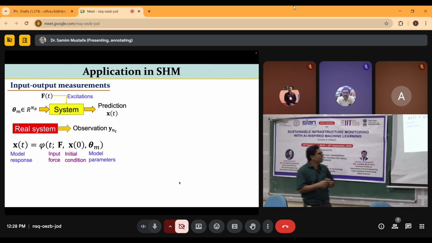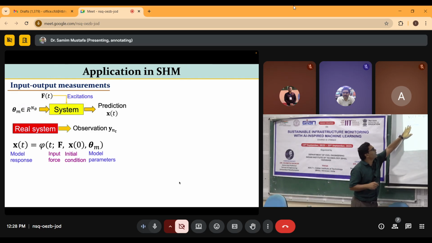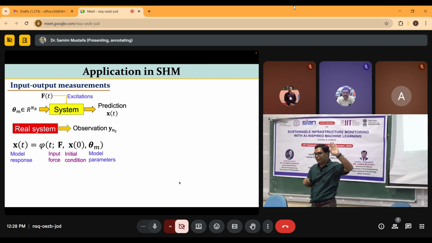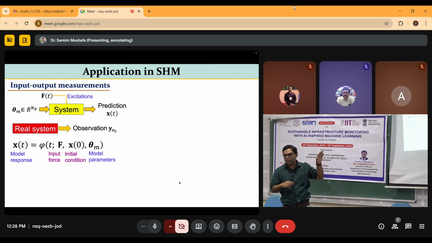First try to understand your x(t): it depends on the input force you are applying, the initial condition of the beam or bridge or structure, and your model parameter, which actually defines the structure, whether it is stiff or flexible, whatever it is.